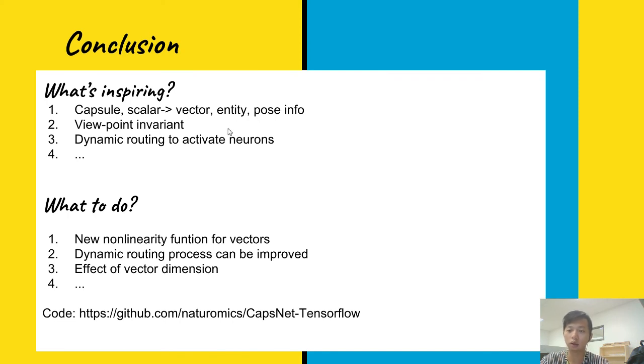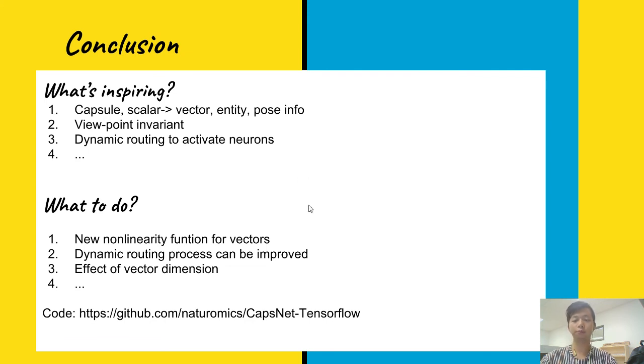And then it is kind of viewpoint invariant by adding all these transform matrices, which will encode the underlying linear structure information, which is also magic. And the third one is the dynamic routing to activate different neurons, which is evidently a more intelligent way than pooling.